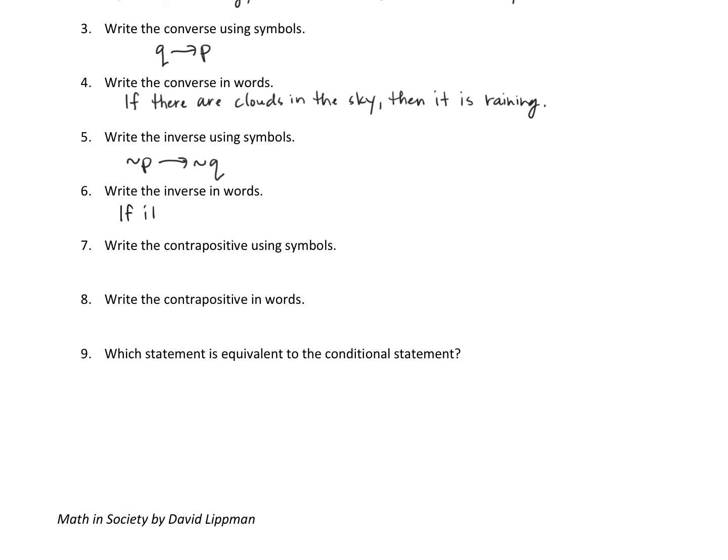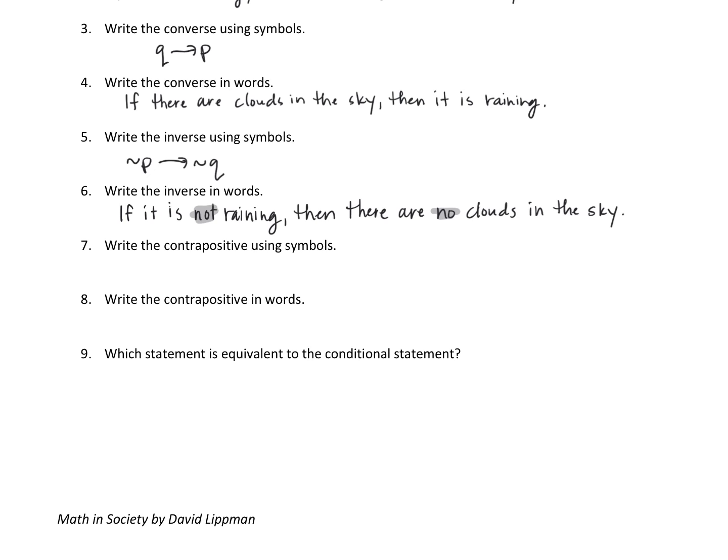So if it is not raining, then not Q. Then there are no clouds in the sky. So the not in front of the raining and the no in the statement are the negation of P and Q, respectively.